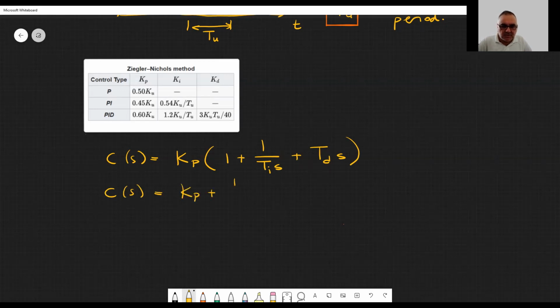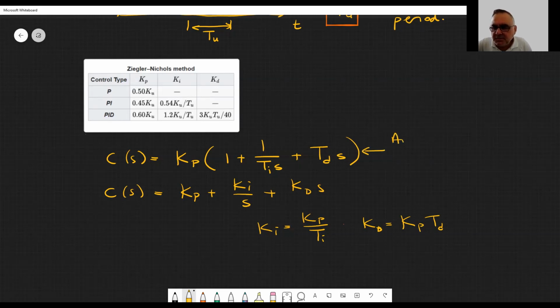Obviously, these two things are related. Kp plus Ki over s plus Kd s, this is the form I am using. And as you see, for example, Ki is equal to Kp over Ti, and Kd is equal to Kp times Td. So these are related.